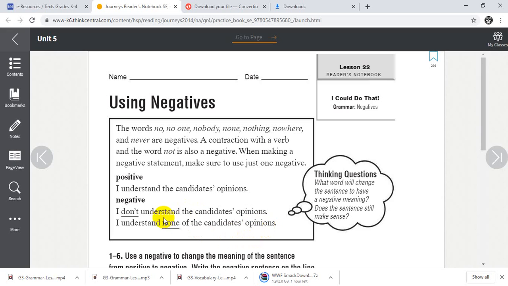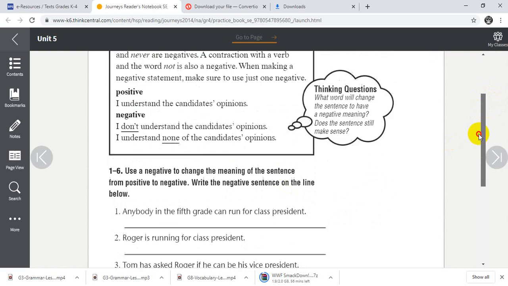So here we have negatives, right? Here we did a contraction with the verb and not, don't. And here we use the word none. So we said that we can use no, no one, nobody, none, nothing, nowhere, and never as negatives. Let's do some exercises and see.